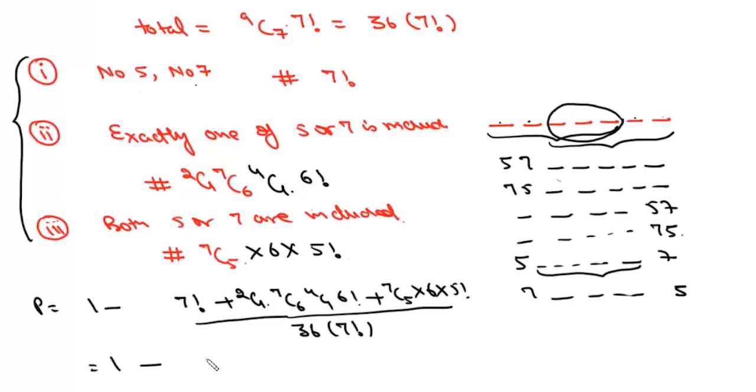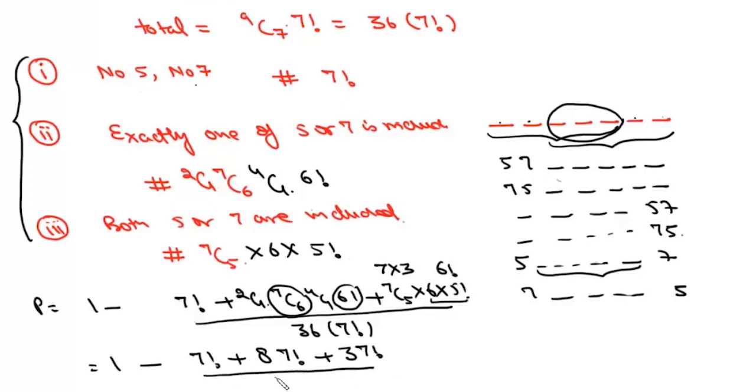Now this is 1 minus, now this is factorial 7. Now 7C6 is 7 and into factorial 6 is factorial 7, and this is 8. So it will be this 8 into factorial 7 and plus, now 6 into factorial 5 is factorial 6, and 7C5 is 7C2, and 7C2 is 7 into 3. So it will be this 3 into factorial 7 divided by 36 factorial 7.